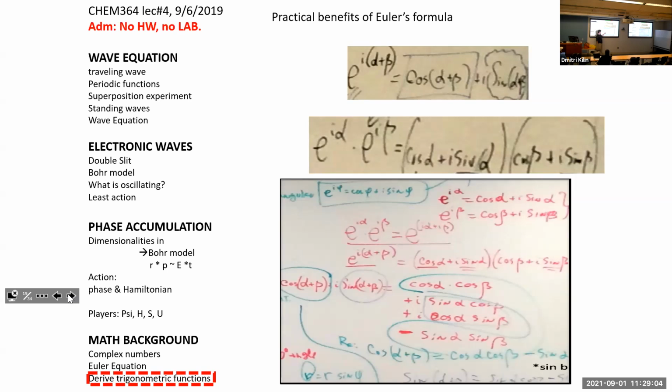For sine of alpha plus beta, we make equality between imaginary parts, and it is sine alpha cosine beta plus cosine alpha sine beta.